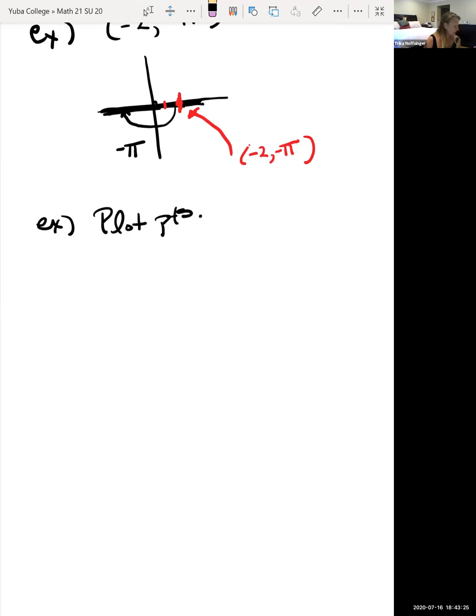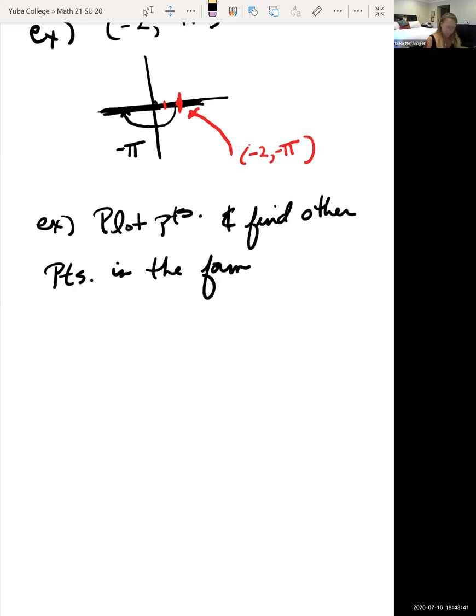Plot points and find other points in the form where r is greater than 0 and -2 pi is less than or equal to theta is less than or equal to 0.